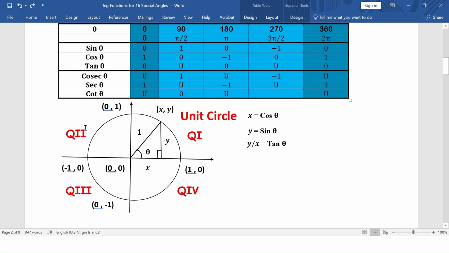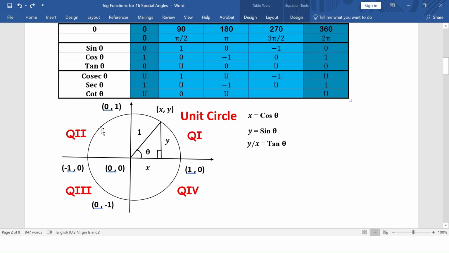When we continue to quadrant 3, both x and y are negative, because x is on the left-hand side of the y-axis, and y is below the horizontal x-axis. So both x and y are negative here, which means both cosine and sine will be negative. In quadrant 1, sine and cosine are positive, which means all the things that we have here are positive.